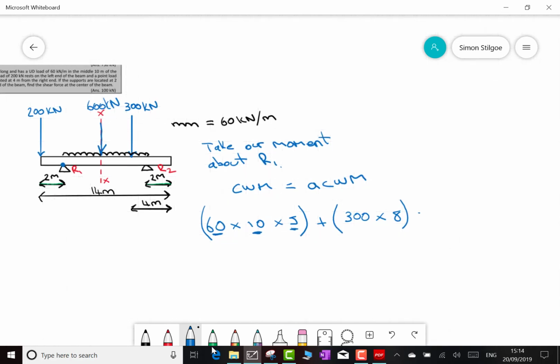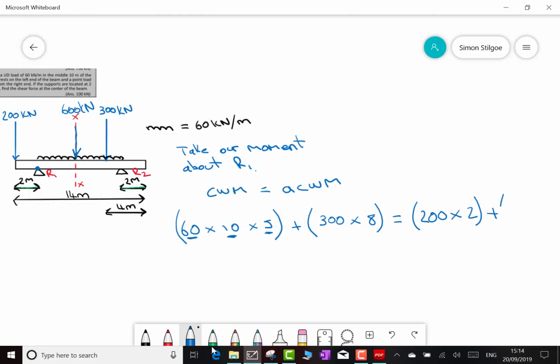So moving to the right of my equation then, my first anti-clockwise moment is going back to the left-hand end of the beam, and that's my 200 kilonewtons. So 200 kilonewtons multiplied by the distance from the 200 to the R1. This one's more straightforward because we can see on the diagram it's just 2 metres. We can now add that to our next one, which is going to be my R2.